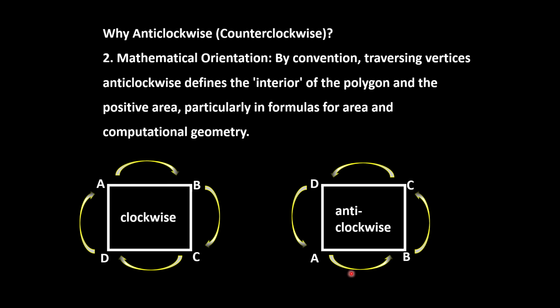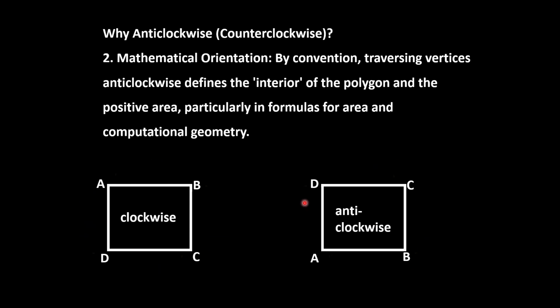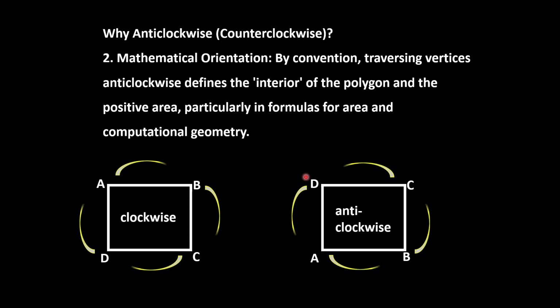Going anti-clockwise will give you a positive answer. If you go in the reverse way, you will get the same number with a negative sign. If the area is 36, you might get minus 36. So by convention, the way we write the formula, we have to move anti-clockwise to get the positive area. And that is what defines the interior of the polygon in mathematical orientation.